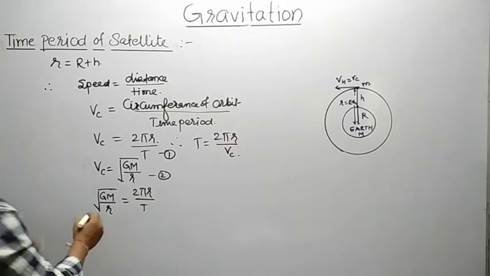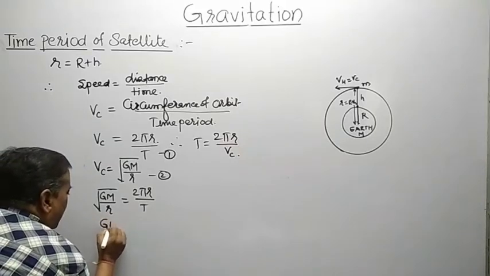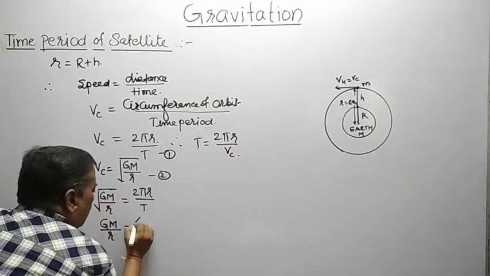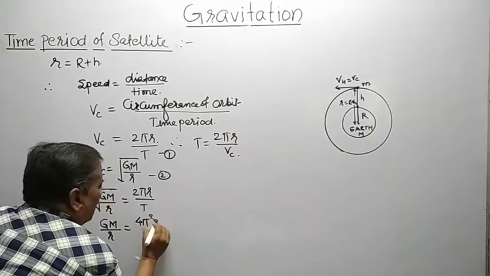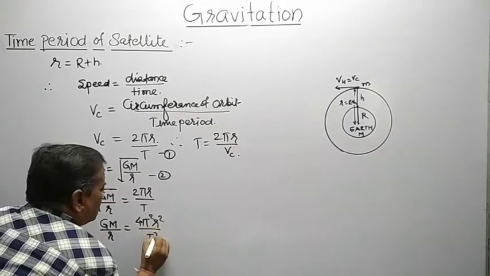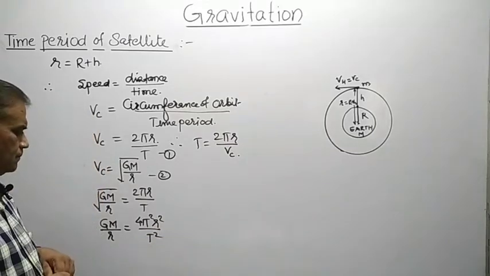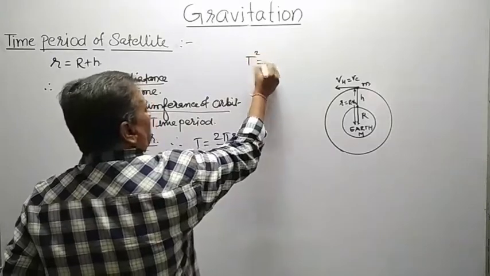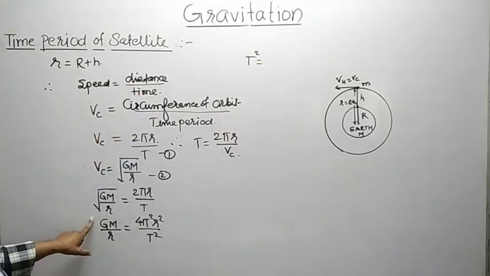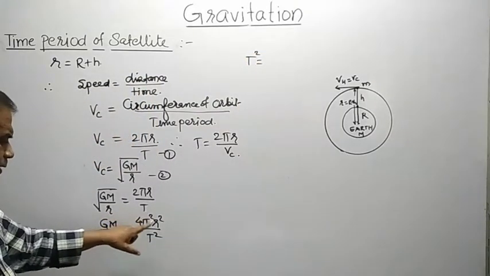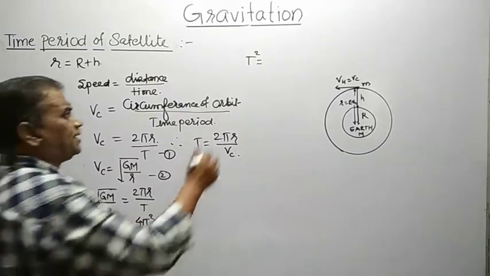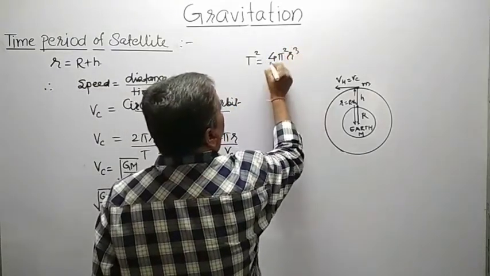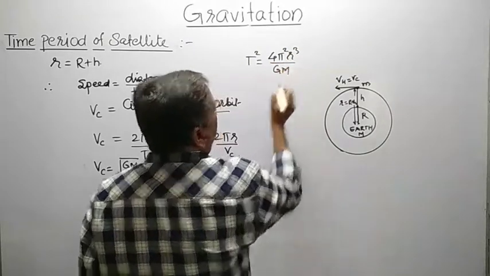Squaring on both the sides, after squaring we will get GM divided by r is equal to 4 pi square r square divided by what? T square. Take this T square on one side. So T square is equal to 4 pi square r square, and this r becomes r cube: 4 pi square r cube divided by GM.